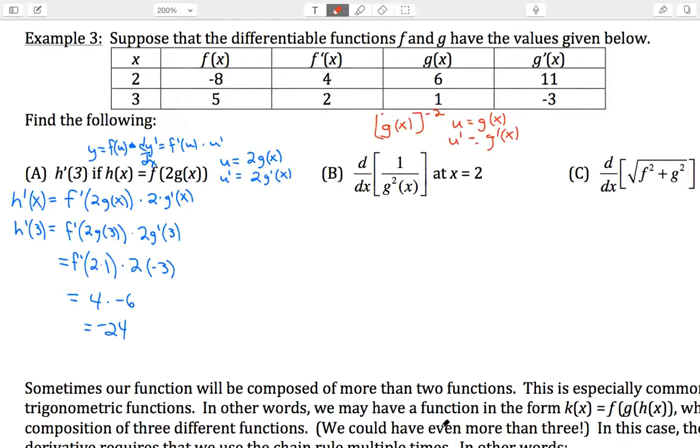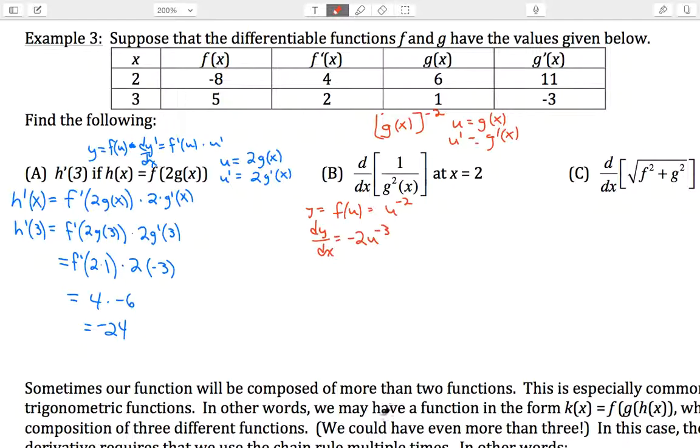Okay, alright, so what now? Negative 2 times g of x to the negative 3. Right, because f of u is u to the negative 2. So dy dx: we're going to do negative 2 u to the negative what? 3.